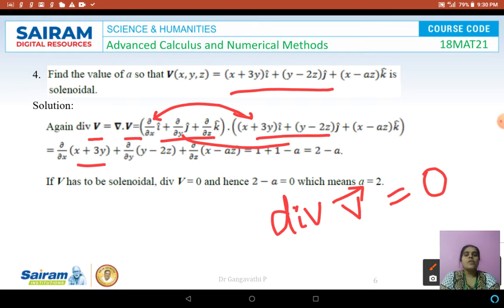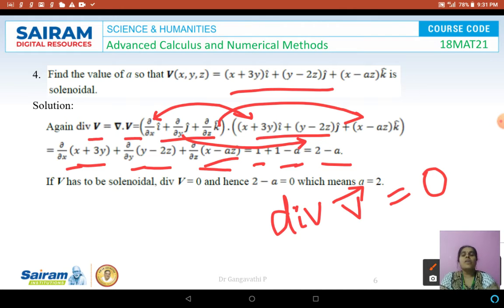Similarly, dou by dou y operates on the j component, and dou by dou z operates on the k component. So when you do the differentiation, the differentiation of x plus 3y with respect to x is 1, and the differentiation of y minus 2z with respect to y is 1. And in the last term, differentiation with respect to z gives us minus a. So the divergence of the given vector is 2 minus a.